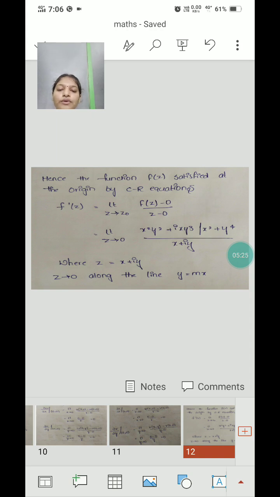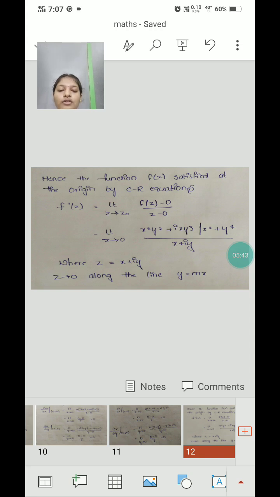Next we can go through f dash of z is equal to limit z tends to z0 of f of z minus 0 by z minus 0, and substitute f of z in the above equation, and z value is equal to x plus iy.